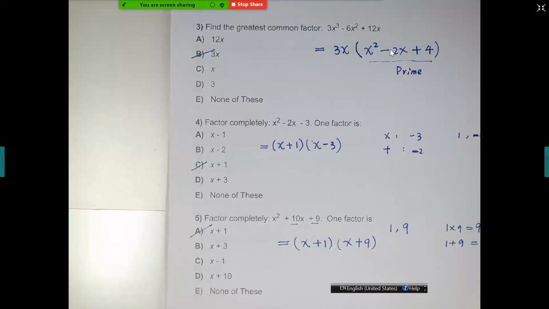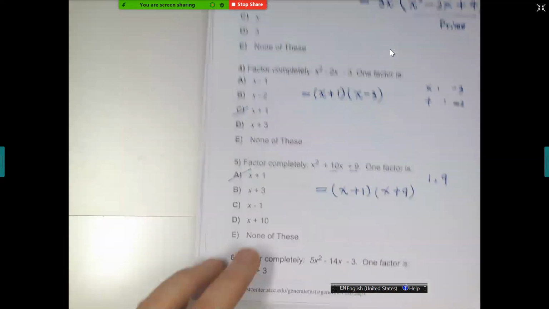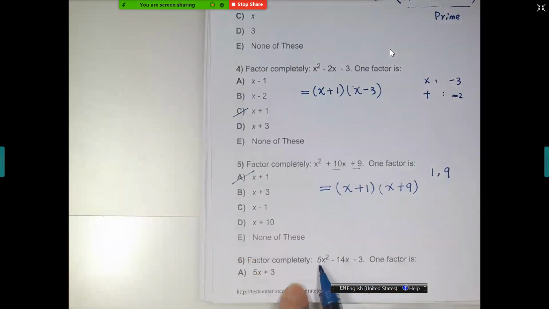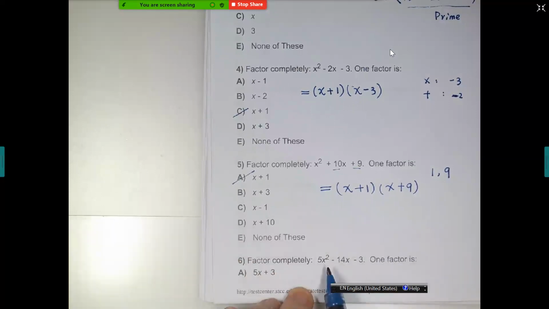Whenever we see a problem, the first step we always do is check the GCF. So when we have a trinomial like this, we should not just see that the leading coefficient is not 1 and jump to the method of looking for 4 numbers. Try to check: are there any GCF? For this one, the answer is no, because 5, 14, and 3 right here have no common factor.